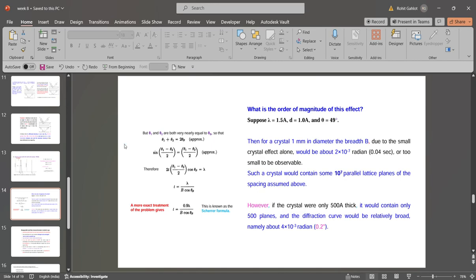So we equate it as 2t (theta 1 minus theta 2) by 2 cos theta B is equal to lambda, and then from here we get the relation, which we call the Scherrer formula.